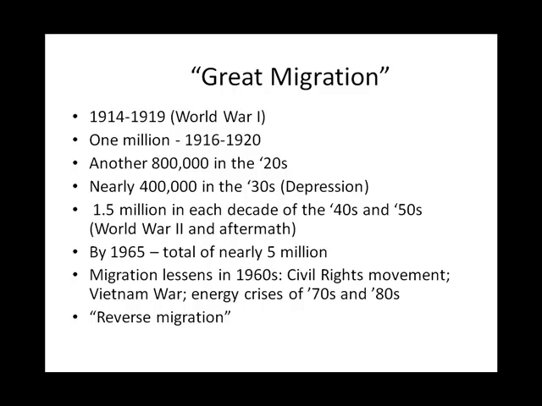It began with the beginning of the First World War in Europe, mainly because the war had the effect of cutting off European migration that was a major source of labor for the northern industries. And this first migration continued until the end of the 1920s.